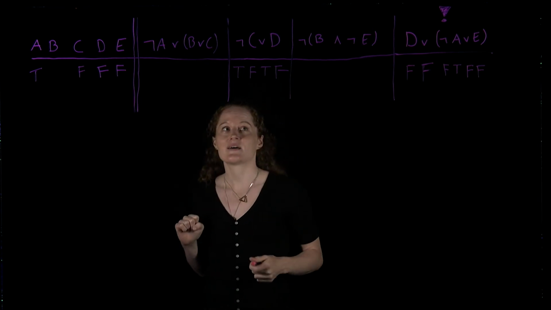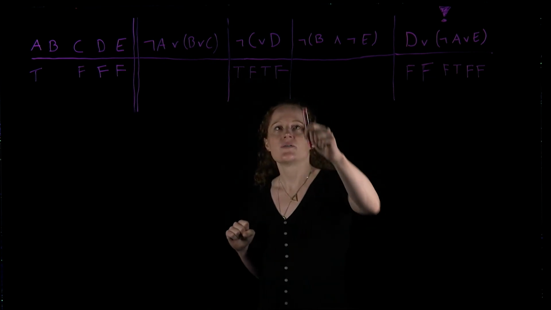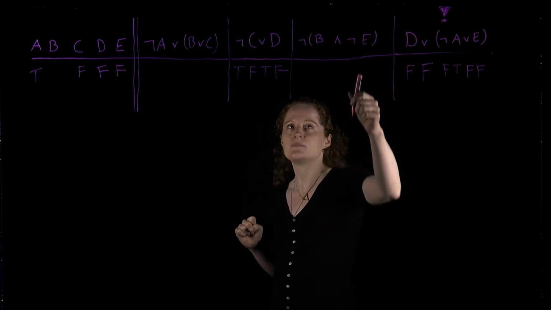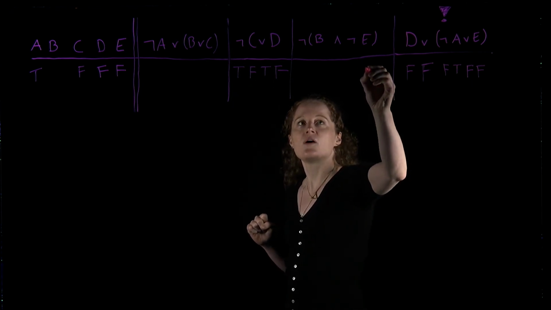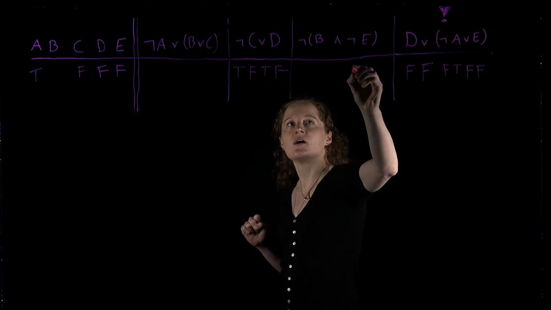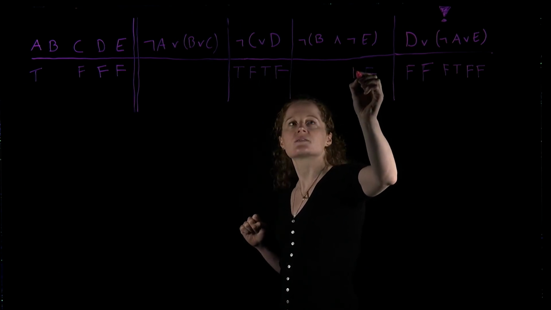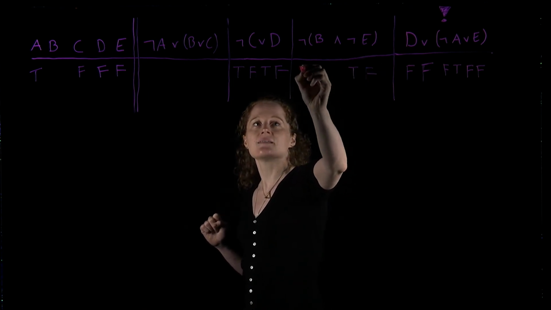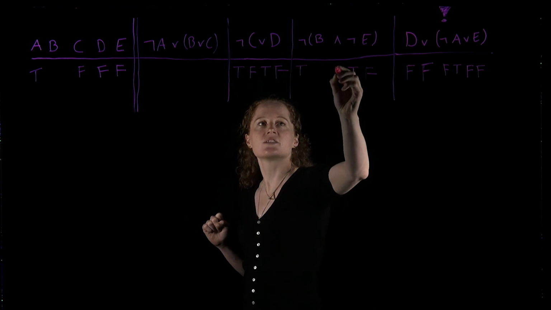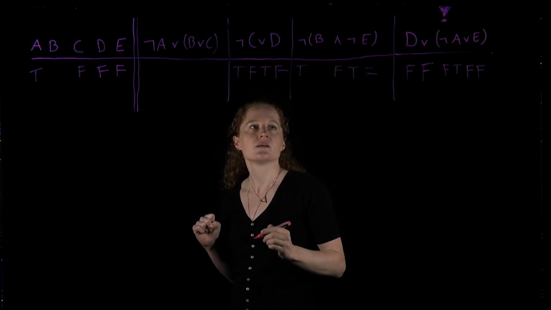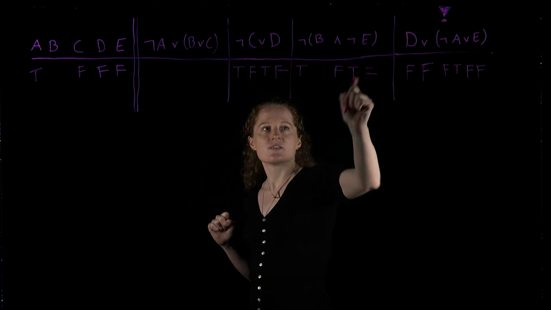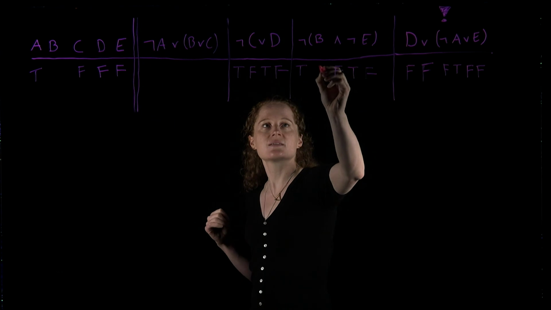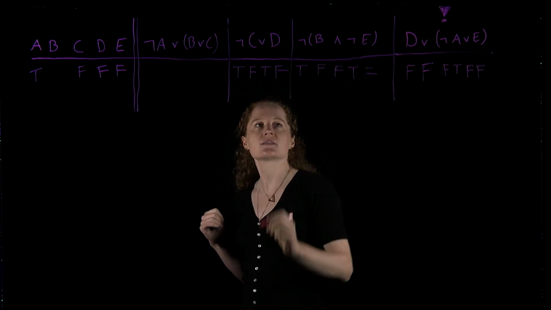Let's next look at our third premise. So our third premise says that it's not the case that B and not E. Now if E is false, that means that not E is true. And if we want this whole negated sentence to be true, that means that the conjunction must be false. And now since the second conjunct is, given our assumptions, true, that means that B must be false.